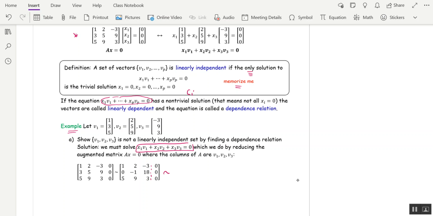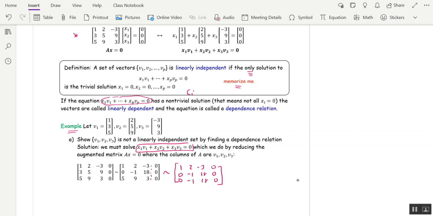Let's just go through the steps. The next step here would be to take this 1 and kill off the 5. So I'm going to leave the top row alone. Leave the second row alone. I'm going to take the top row, multiply by -5 and add it to the last row, and that'll give me -1 and then 18 and then 0.